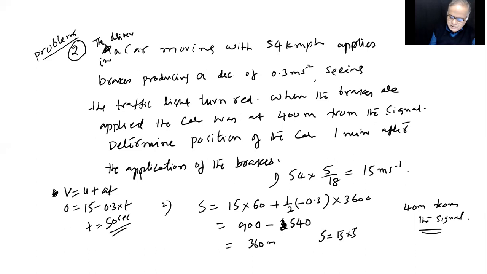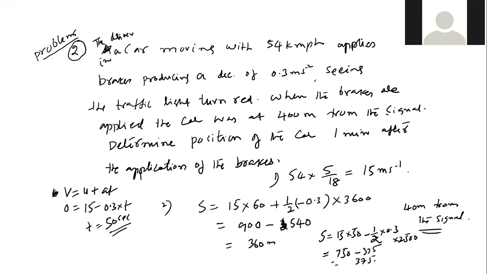15 into 50 minus half, 0.3 into 50 square. So this will be 750 minus 375. So from here it comes 25 meters from the signal.